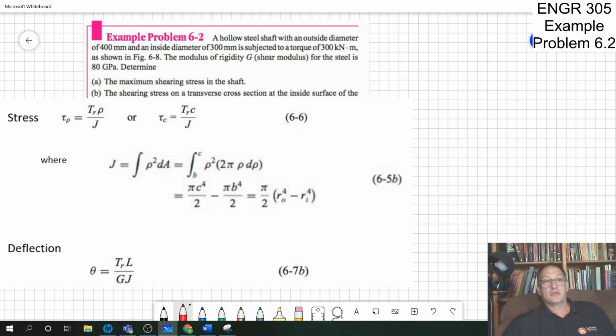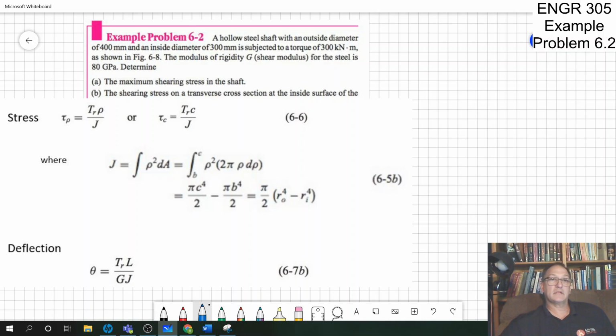The maximum shearing stress is TC over J. I need to know what J is. J is pi over 2 times the radius of the outside to the fourth minus the radius of the inside to the fourth.